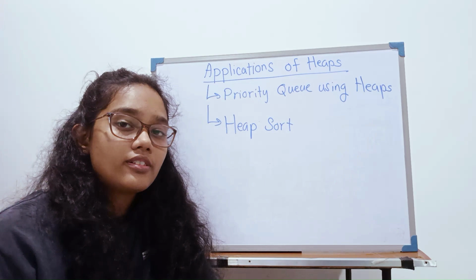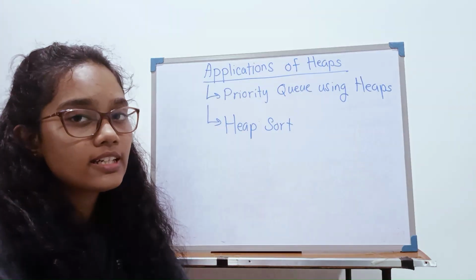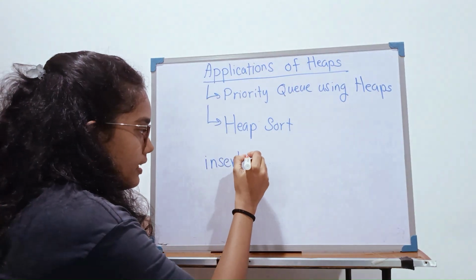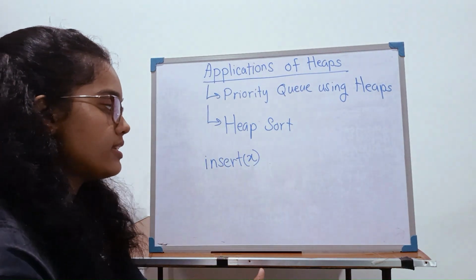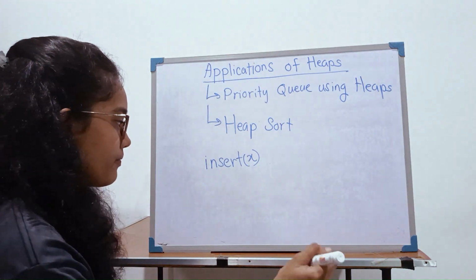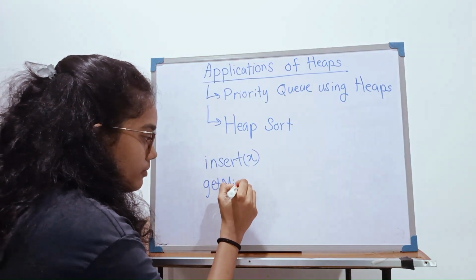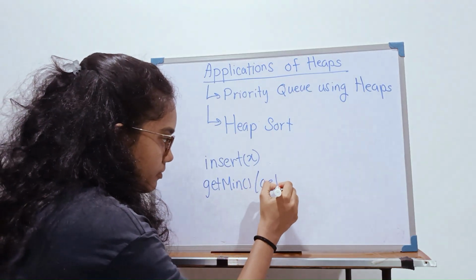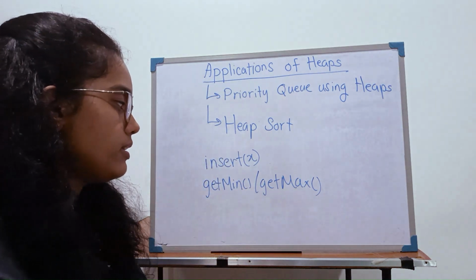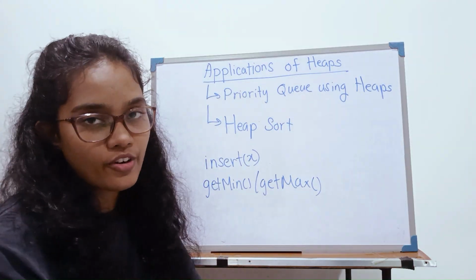So if we take some operations of priority queues using heap, we can take insert. Insert x. This means adding an element to the heap. Also, get min or get max return the highest or the lowest priority element.